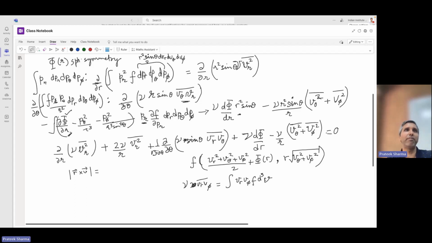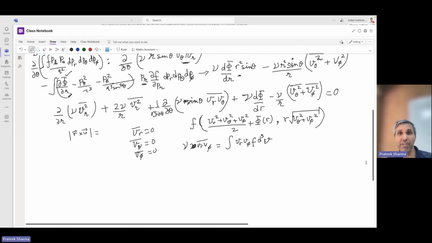It's a function of VR squared, V phi squared, V theta squared. So just by symmetry, you will see that these odd powers will give you 0. Similarly, there is no mean velocity. This is 0 because it's an odd function. Similarly, V theta is 0. V phi is 0 because these are all odd functions, and this f is an even function in velocity. So when you do the moment, because the integrand is antisymmetric, you should get 0.